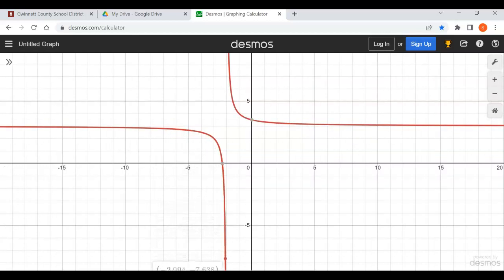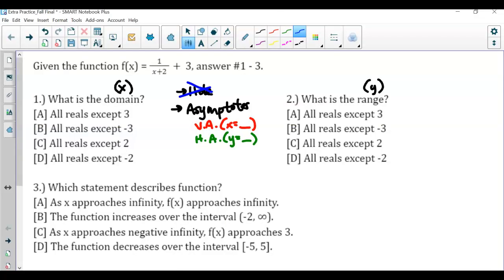So that is the vertical asymptote, which is why the answer is B, all reals except for -2, because the vertical asymptote was at x equal to -2. Also notice in the denominator, what can x not equal to make this rational expression undefined? It cannot equal -2 because we can't have 0 in the denominator.